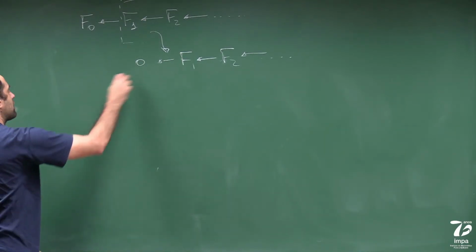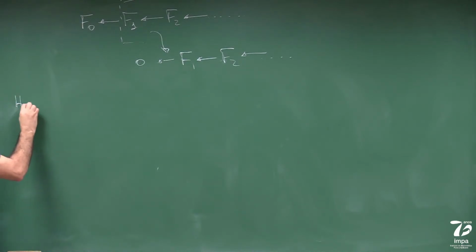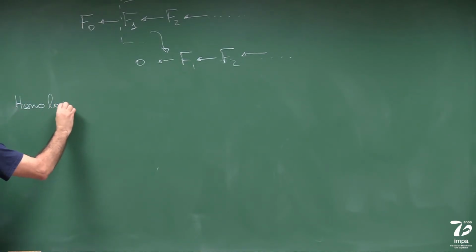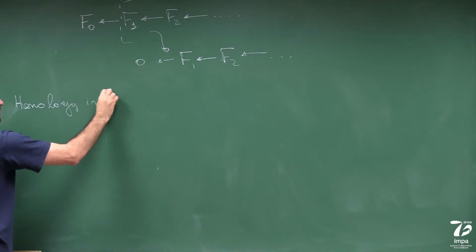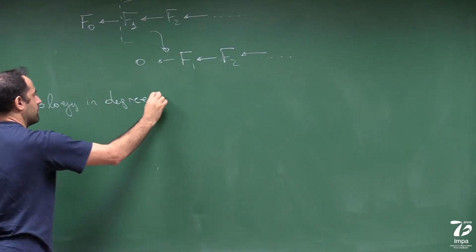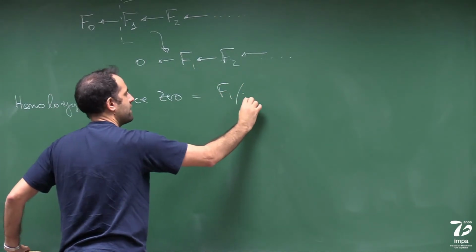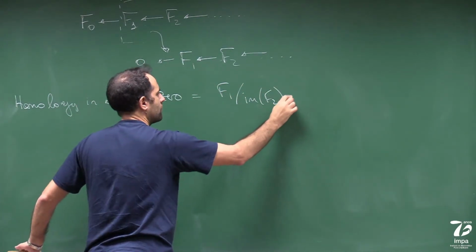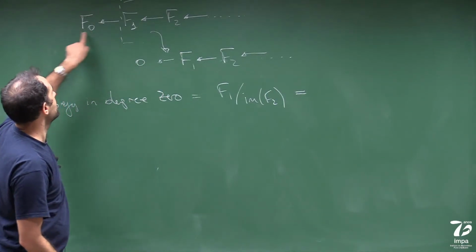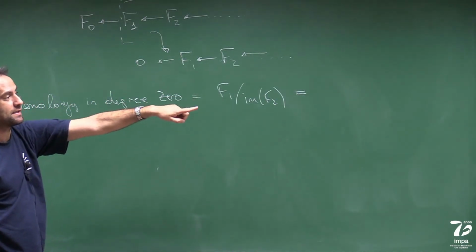So the homology of that complex in degree 0 is F1 divided by the image of F2. But this guy here was exact. So we're using the same argument as there.